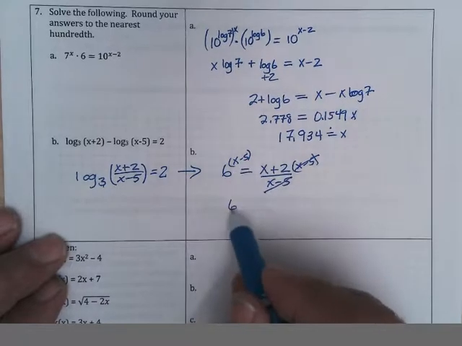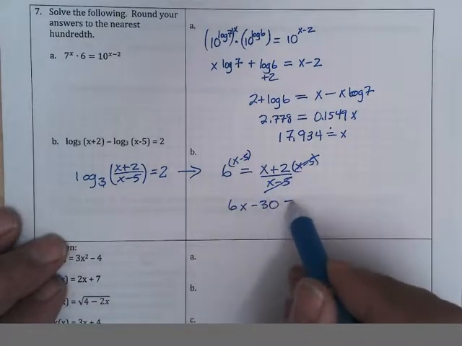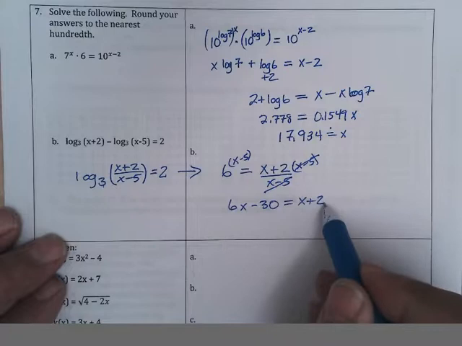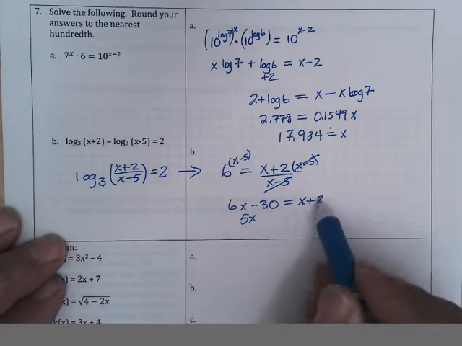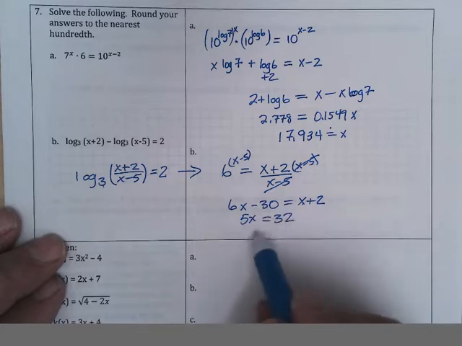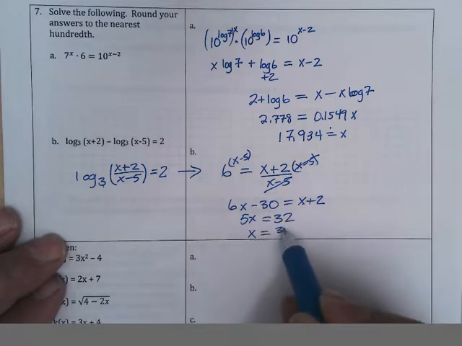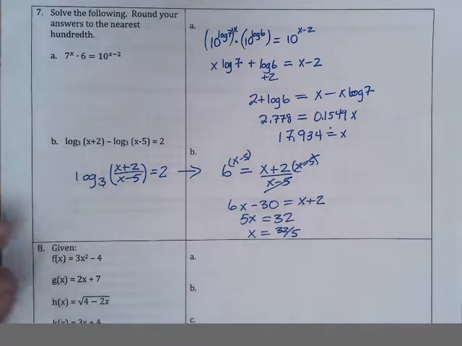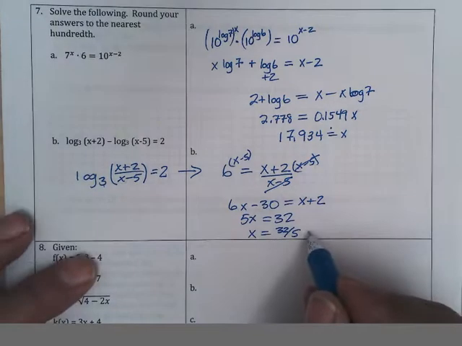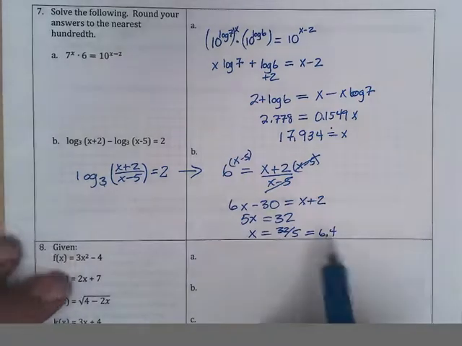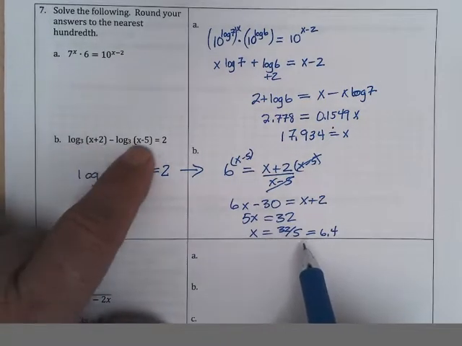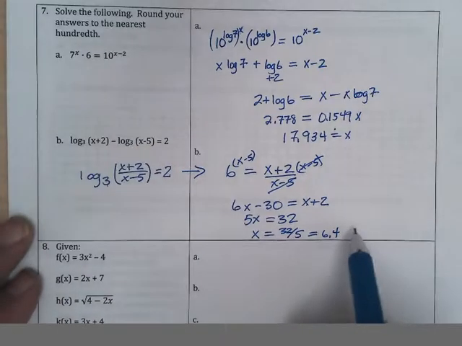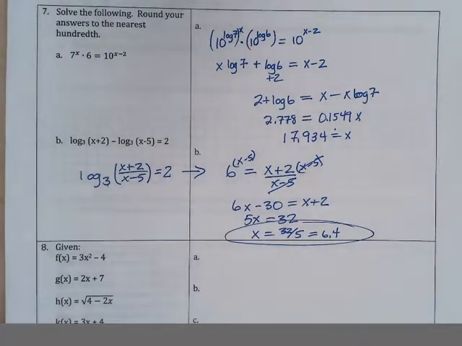And we get 9x minus 45 equals x plus 2. Subtract x. Add 45. And x equals 47 divided by 8. That's 5.875. And 5.875 plus 2 is legit, it's positive, and 5.875 minus 5 is okay, so that looks like a valid answer. That's my check.